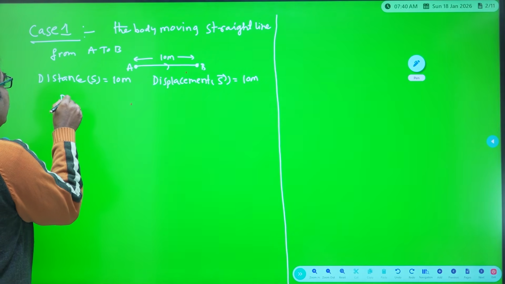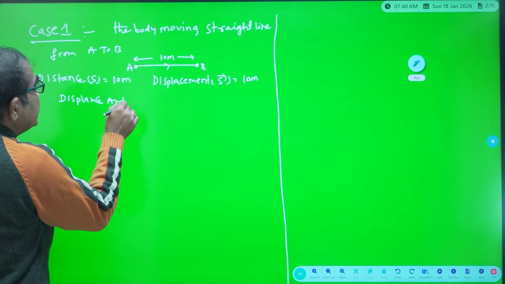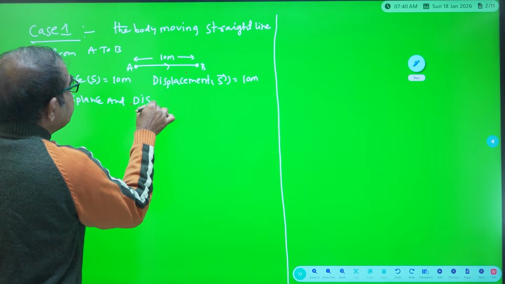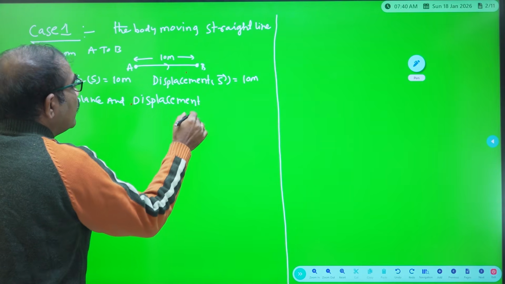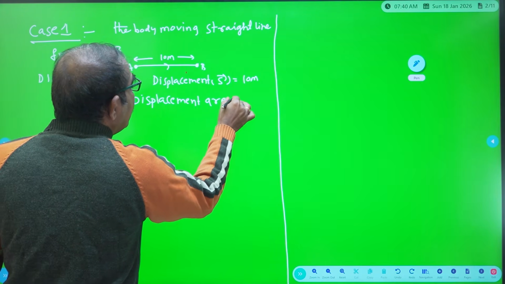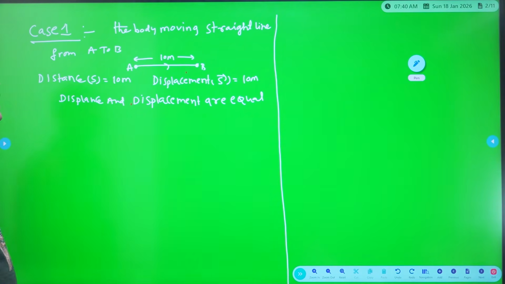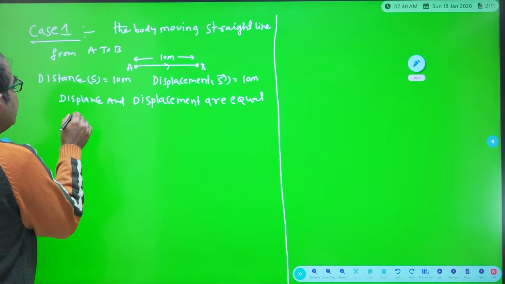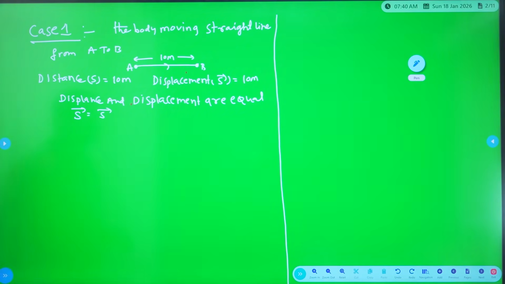So therefore, distance and displacement are equal when the body is moving in a straight line path. So S is equal to S bar.